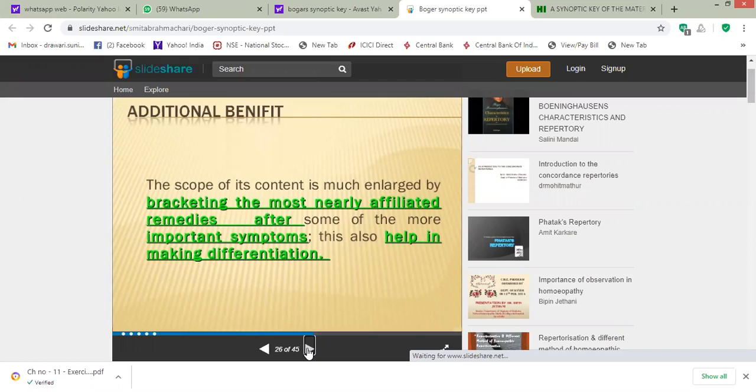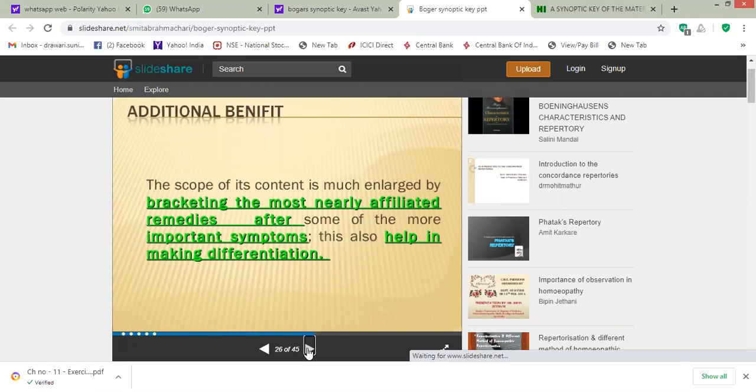In this book, in the second part, the synopsis, in which the remedies are explained, in front of the rubric the most affiliated or most indicated remedy for the same symptom is given in brackets just after that symptom, and this will be helpful during differentiation of the medicines, during finding out the exact similitude.